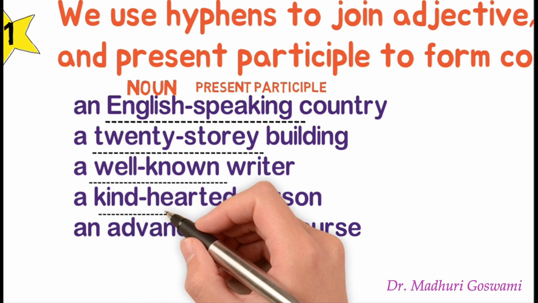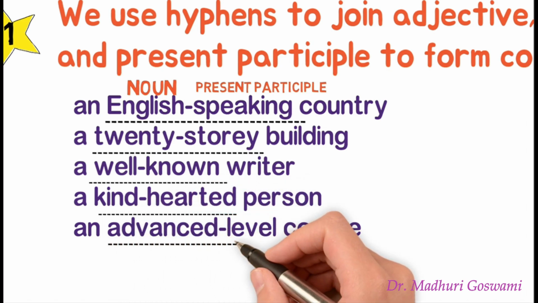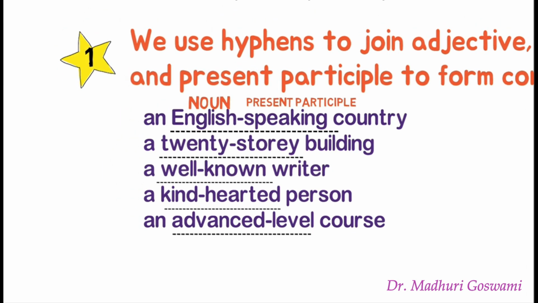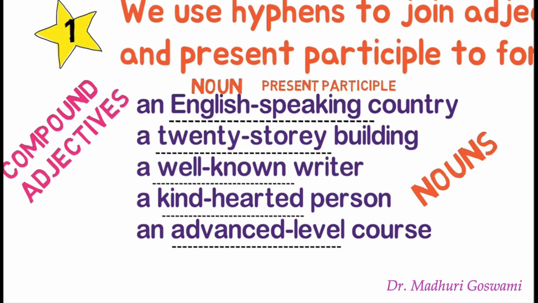An English-speaking country, a 20-story building, well-known writer, a kind-hearted person, and an advanced-level course. In all these examples, we have compound words as adjectives which are describing or giving information about some nouns like country, building, writer, and course.